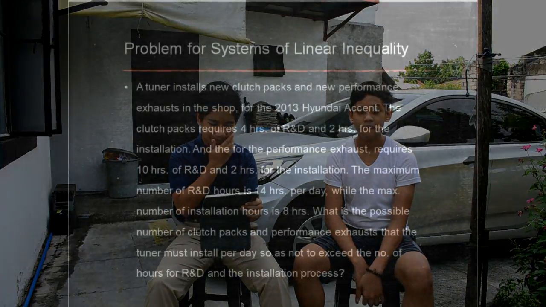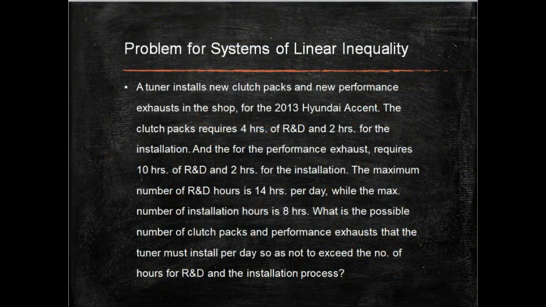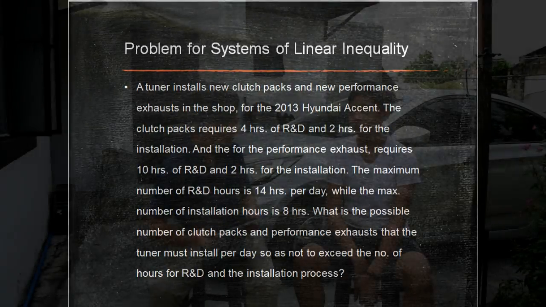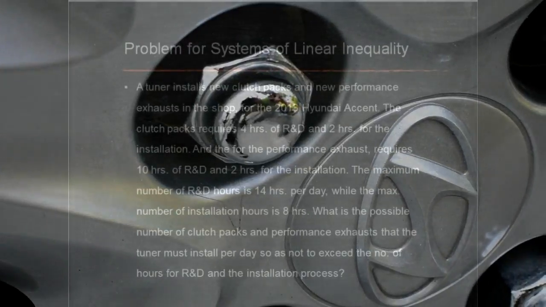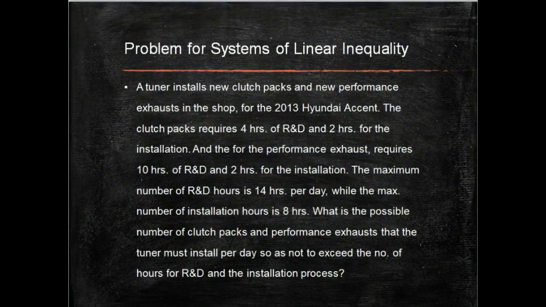I'm gonna read the problem. A tuner installs new clutch packs and new performance exhaust in the shop for the 2013 Hyundai Accent, which is the car right here. The clutch pack requires 4 hours of R&D and 2 hours for the installation. And the performance exhaust requires 10 hours of R&D and 2 hours of installation.